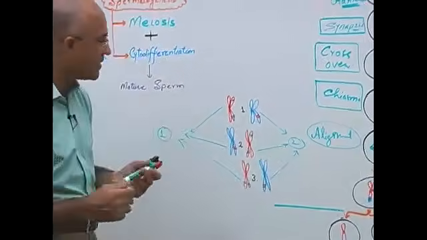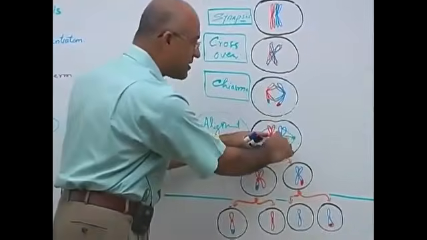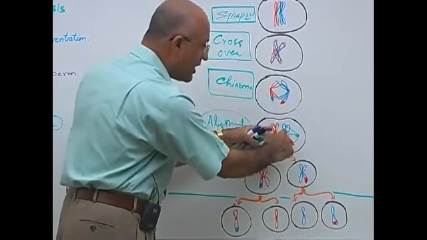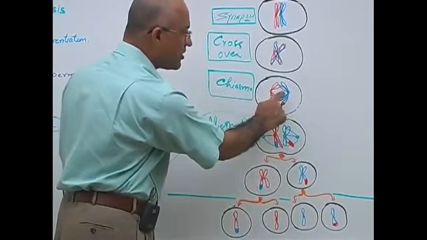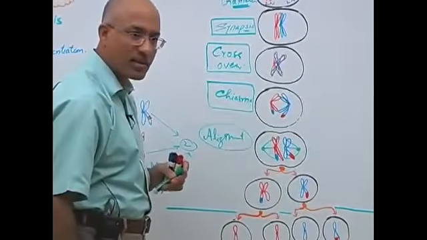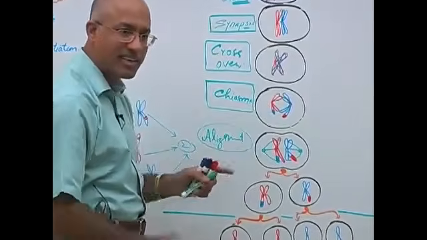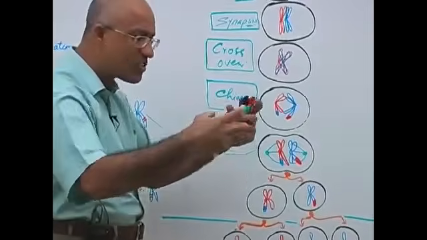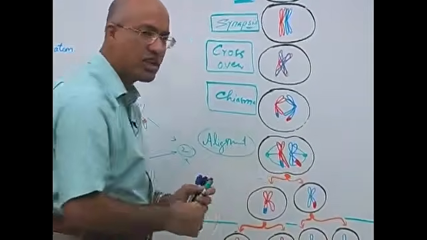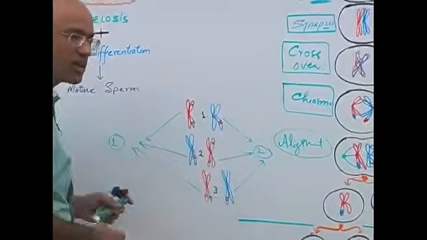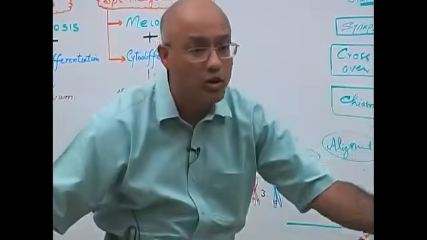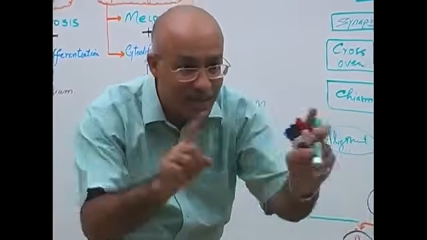So what really happens? After alignment, the double structured chromosomes will disengage from each other. These homologous chromosomes disconnect from each other, right? This is disjunction. When they disjoin from each other, they are randomly assorted and allocated to the daughter cells.